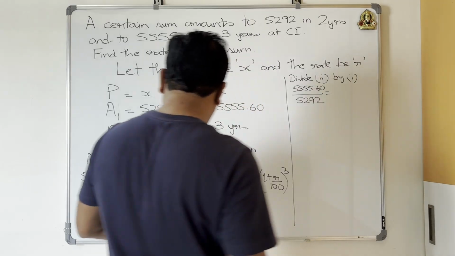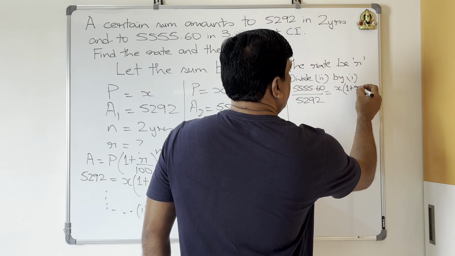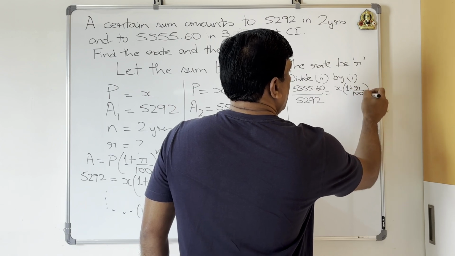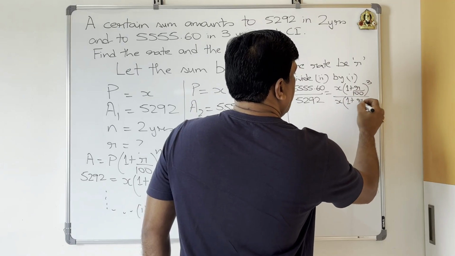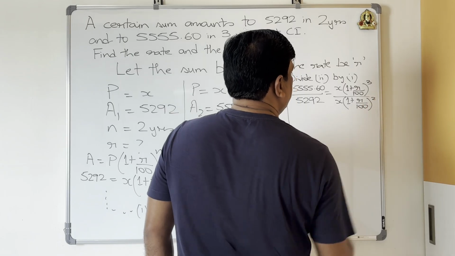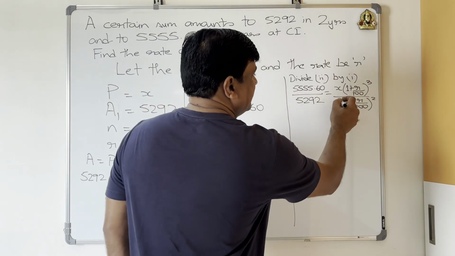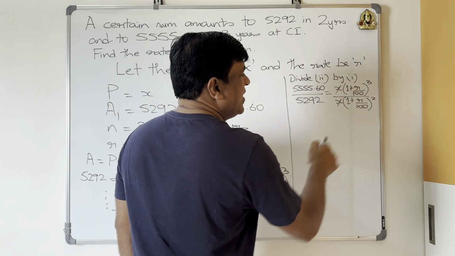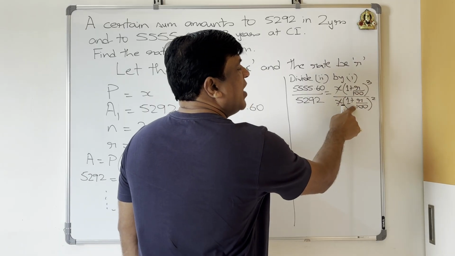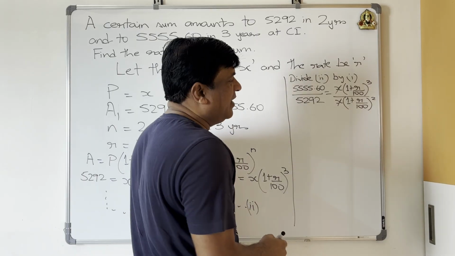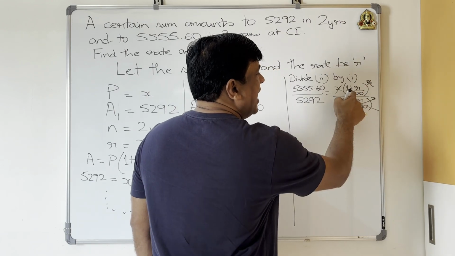On the right side, I have x times 1 plus R by 100 whole to the power 3 divided by x times 1 plus R by 100 whole to the power 2. Looks simple? So what happens in this particular case? X gets cancelled out. You have 3 quantities of 1 plus R by 100 over here and 2 quantities over here, so this entire bit gets cancelled out with this one, and I'll be left with 1.